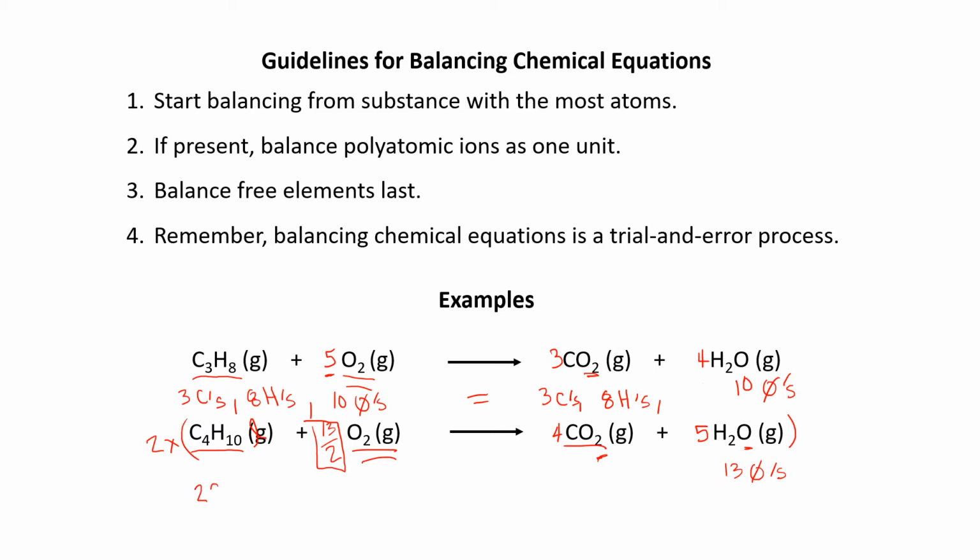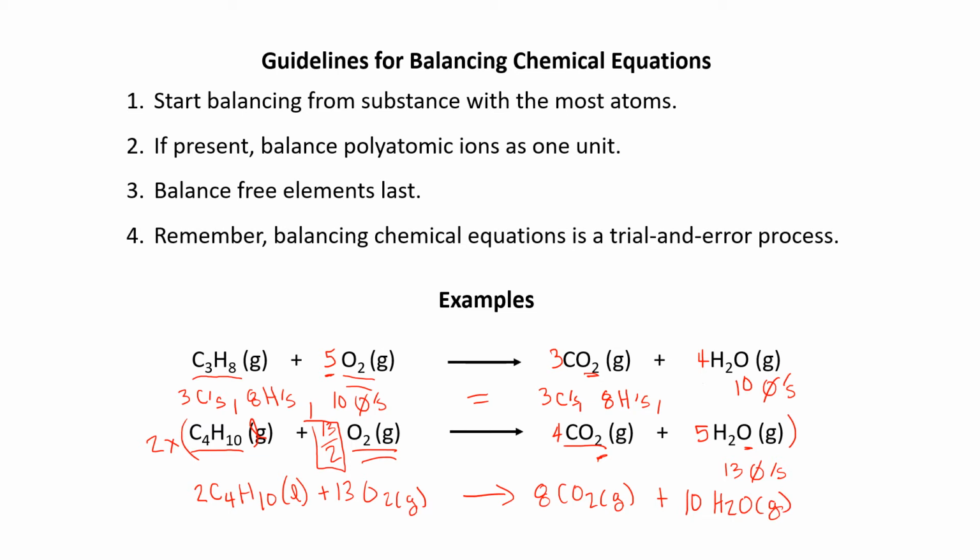That gives me 2 moles of butane, and that's liquid, I'll write the states here. And then I get 13 moles of diatomic oxygen. And then that gives me 8 moles of carbon dioxide gas. And then that gives me 10 moles of H2O gas.